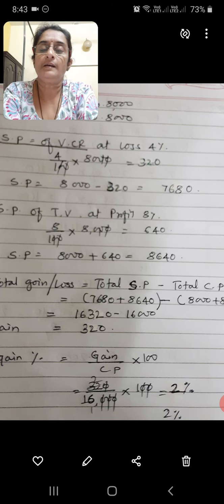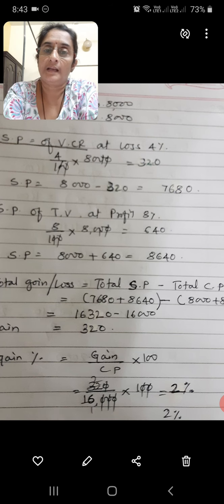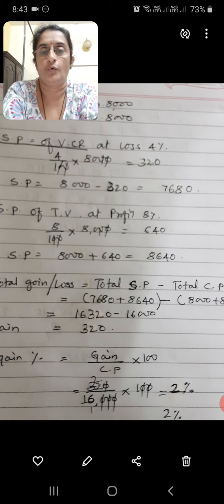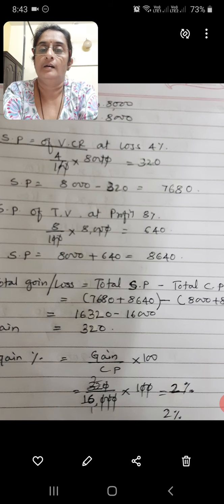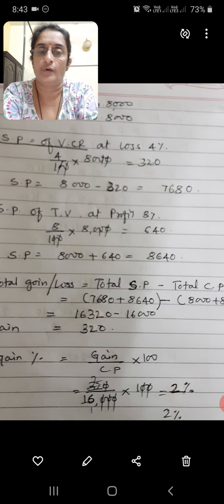Now see here, we have to find out the total gain on the whole transaction. Whole transaction means on VCR and TV together. So we'll do total SP and total CP. So total SP is how much? 7,680 of VCR and 8,640 of TV.